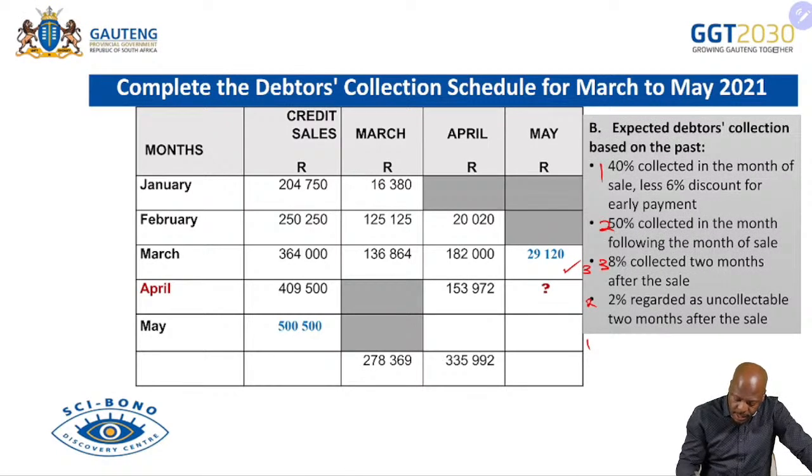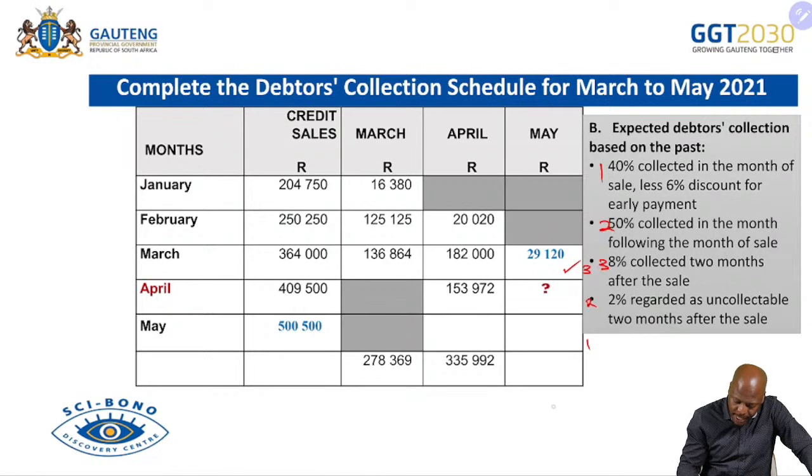So it means in the month of April, that is 2, I'm going to be collecting 50%. In other words, if I sell in April, I'll collect 50% in the following month of sale. That is going to be May. If I sell in April, I'll collect 40% in April, then 50% I'll collect in May.